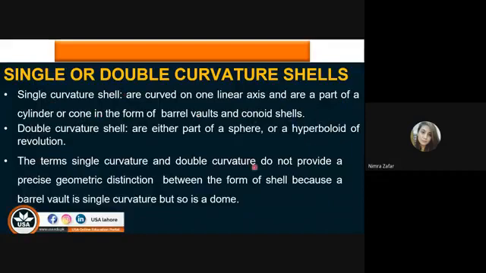As the name suggests, in single curvature shell we have a single curve on one axis, linear axis. This is our linear axis, straight linear axis. So we have one curvature along that linear axis, and if we talk about the barrel vaults and cones, these shell structures are basically in the form of cylinders or cones.